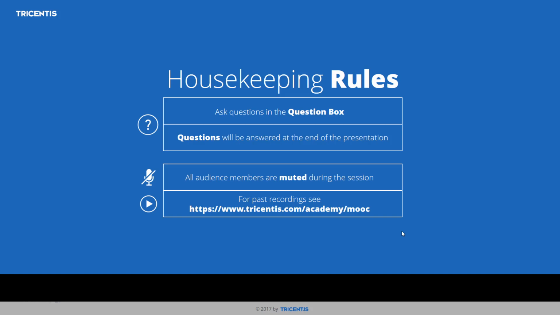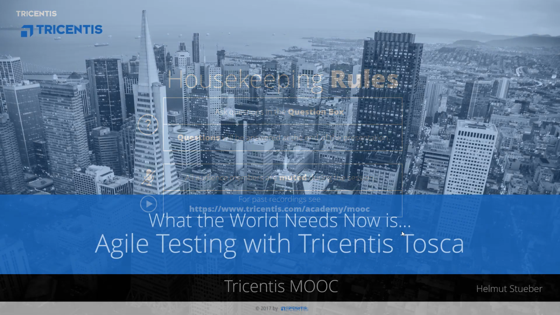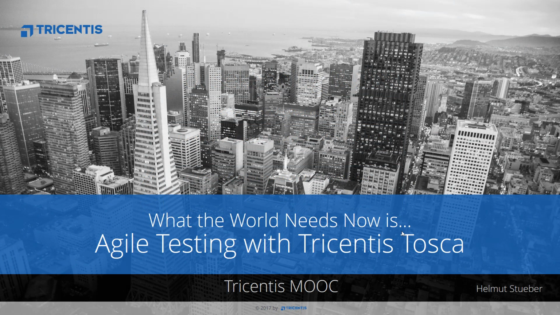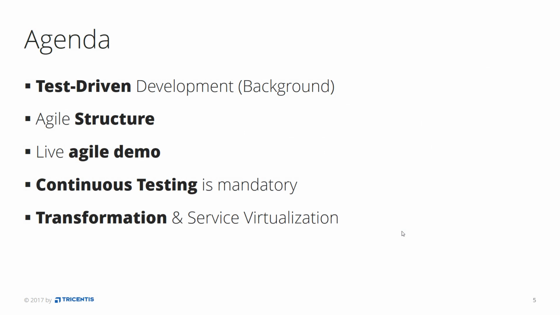Thanks, Lydia, for this great introduction. I'm really happy to be here today to tell you something about Agile testing with Tricentis Tosca in today's MOOC. I will jump to the agenda. We will first start with test-driven development, some background and history.